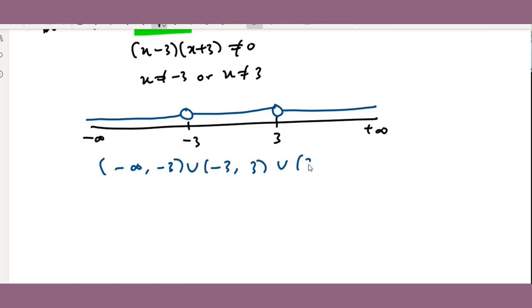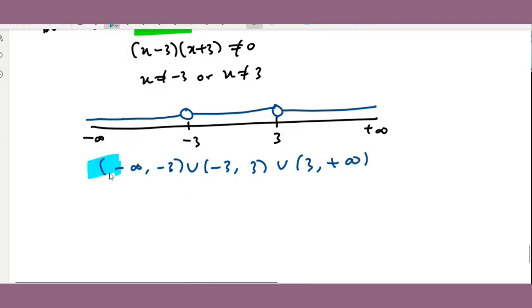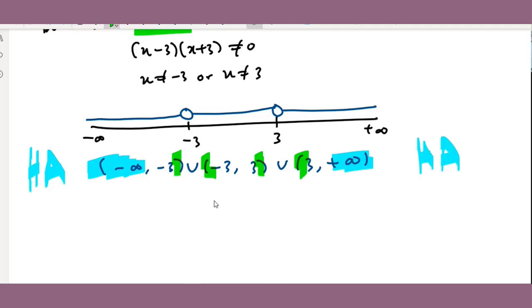Then we change to interval union. For the first and last intervals, going to positive and negative infinity may produce a horizontal asymptote. But for the middle one, it may produce a vertical asymptote.